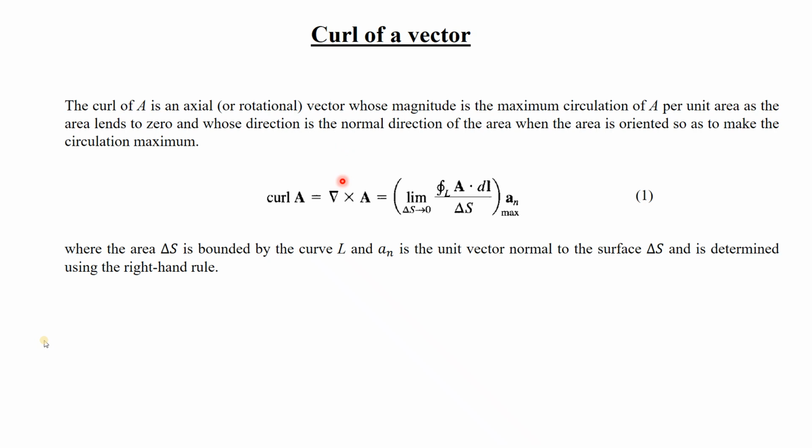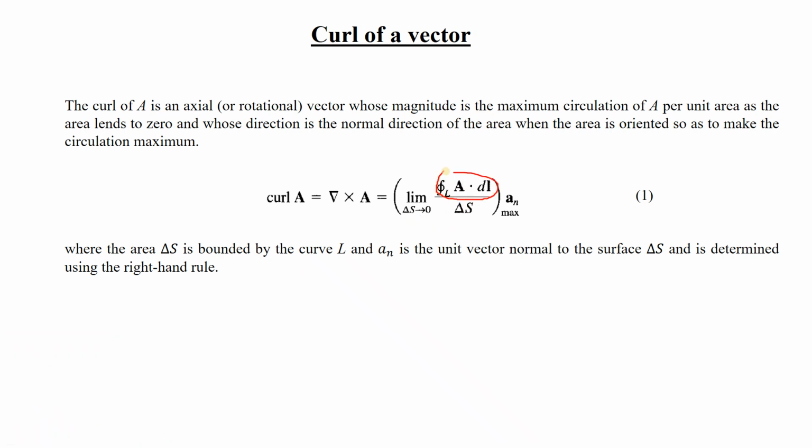So once you find the curl of a vector, the output will be a rotational vector whose magnitude is the maximum circulation of A per unit area as the area tends to 0, and whose direction is normal to the area, where the area is oriented so as to make the circulation maximum.